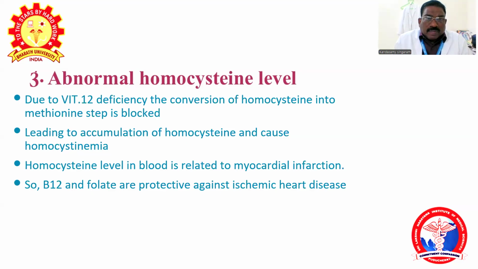This leads to accumulation of homocysteine and causes homocysteinuria. A high level of homocysteine in blood is related to myocardial infarction. Hyperhomocysteinemia is one of the independent risk factors for cardiovascular disease. So vitamin B12 and folate are protective against ischemic heart disease.